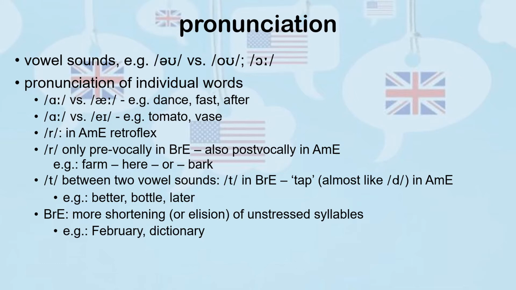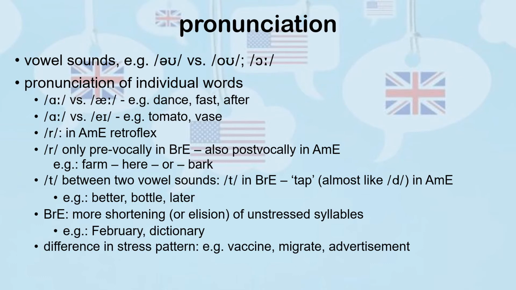Whereas in American English, it'll definitely be February. In British English, it's a dictionary. In American English, dictionary. So essentially, American English has more syllables in those words than British English, in fluent speech, that is.